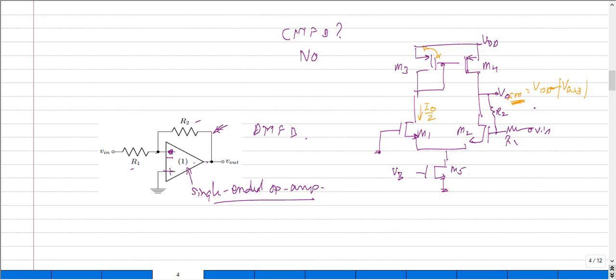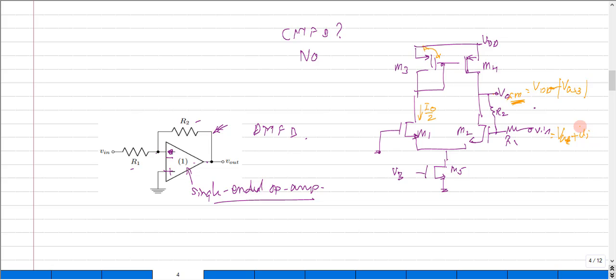Now, coming back to our discussion, this Vin could be written as the DC plus some AC signal, which could be written as VGS or VG, and then over the DC, I just apply a small change in the input.